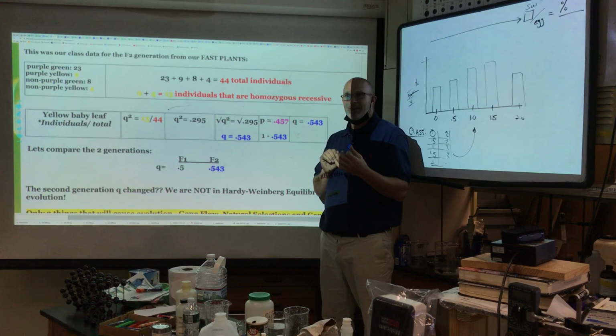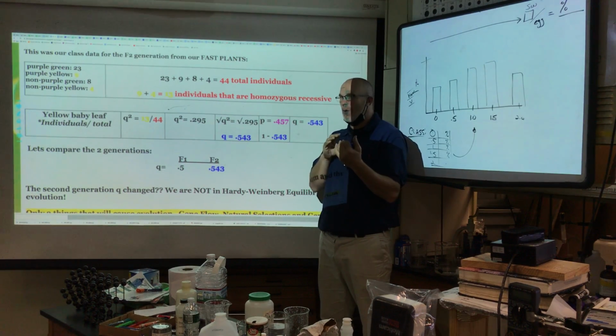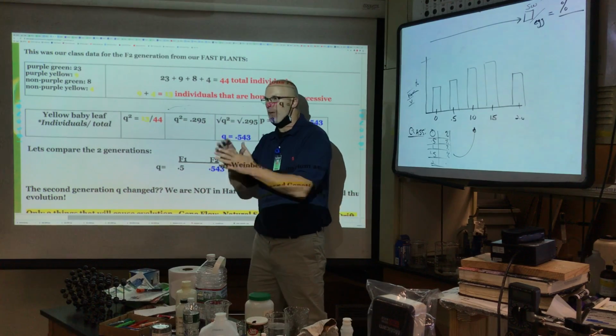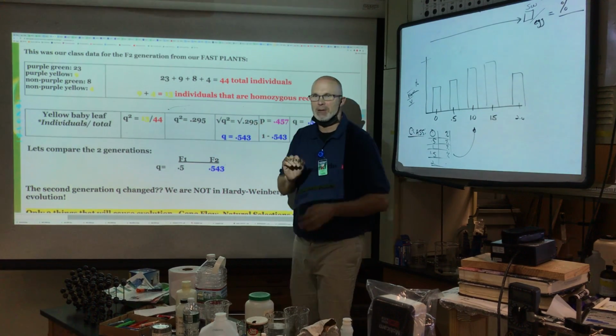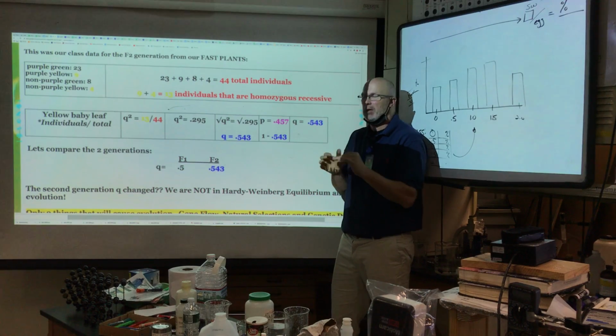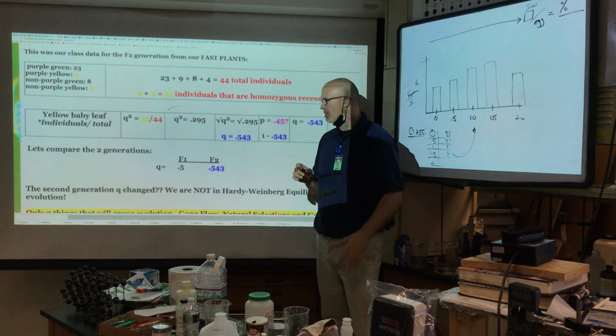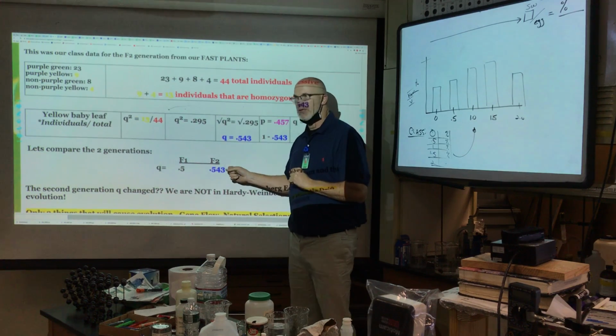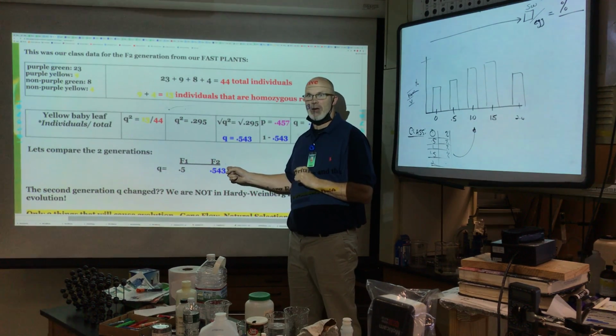They knew that because they were growing yellow seeds right away. Remember that the F1 generation should have been green leaves, purple stems. But I had a test group that I wanted to use, I didn't wind up using, but some people measured those.